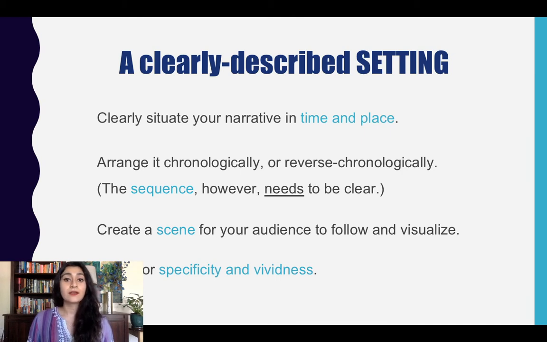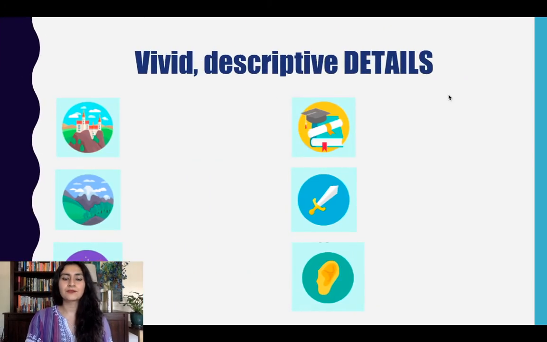So the moment you say red sedan, your reader can better visualize this car, right? And if I wanted to add vividness, I could perhaps write about a maroon Mercedes with black tinted windows. So again, I'm adding specificity and vividness. And instead of saying just car, which is generic, I'm making that description more specific.